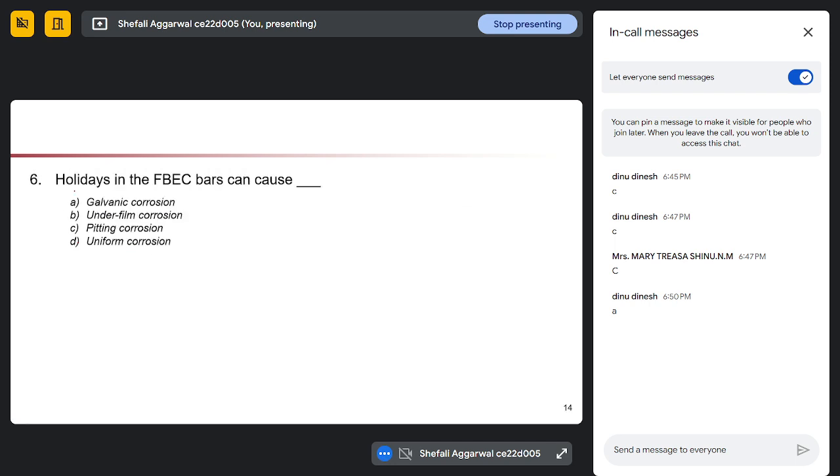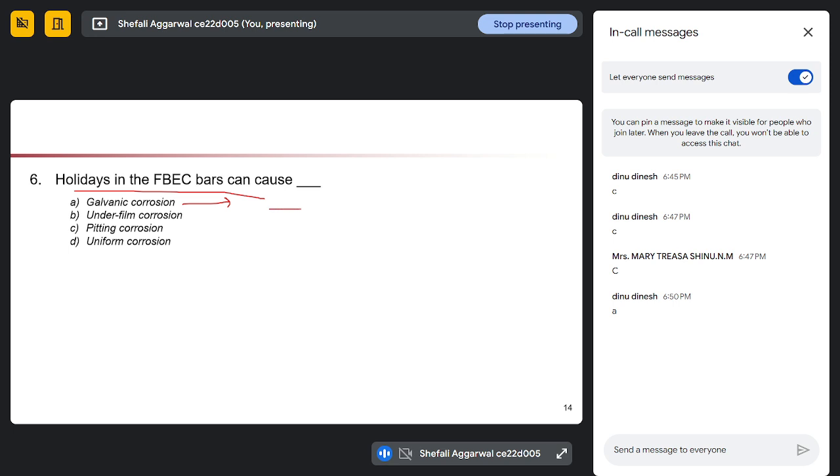Next question is, holidays in the fusion bonded epoxy coated rebars can cause galvanic corrosion, underfilm corrosion, pitting corrosion, or uniform corrosion. First we will try to understand what these different types of corrosion mean.